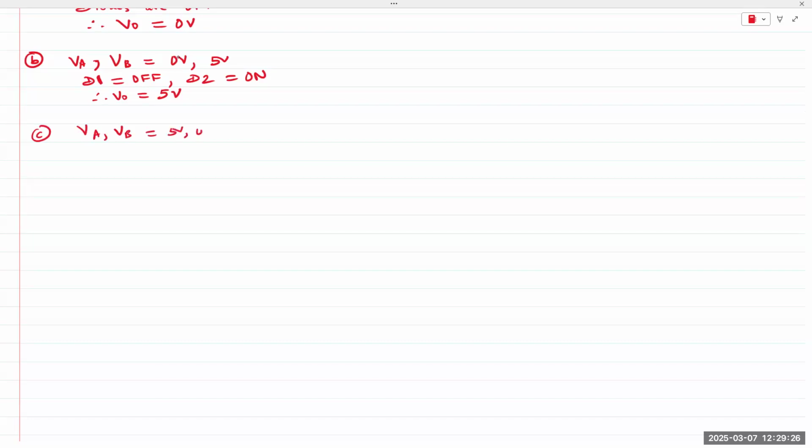What about 5 volts and 0 volts? D1 is on, D2 is off. So my V out is 5 volts. How about when VA and VB are both 5 volts? Both diodes are on.